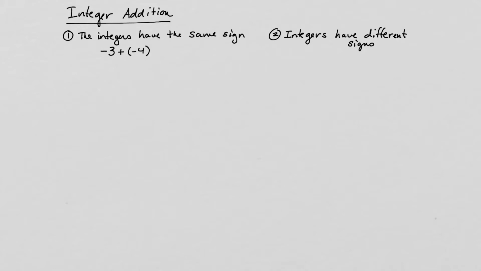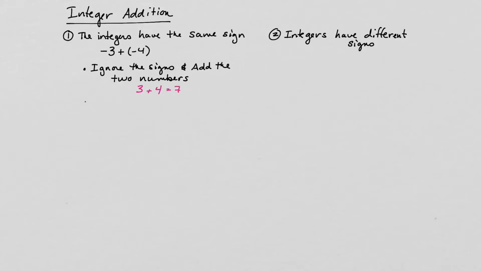The first thing that we're going to do in this case is ignore the signs and add the two numbers. So if I ignore the signs, the first one would just be 3, and the second number would just be 4, and I'm going to add 3 and 4 together to get 7.